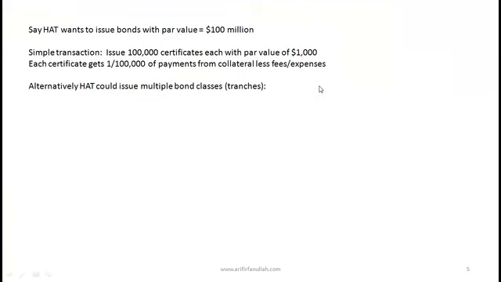All right. Now, who is HAT? HAT is the SPV. This is the entity that issues the asset-backed securities. Say HAT wants to issue bonds with a par value of 100 million. The simple transaction would be that they issue 100,000 certificates, each with a par value of 1,000.